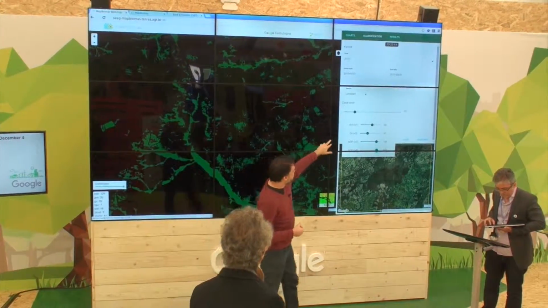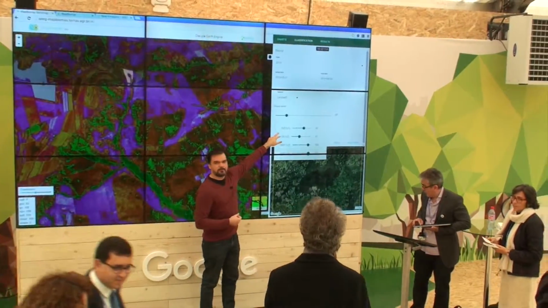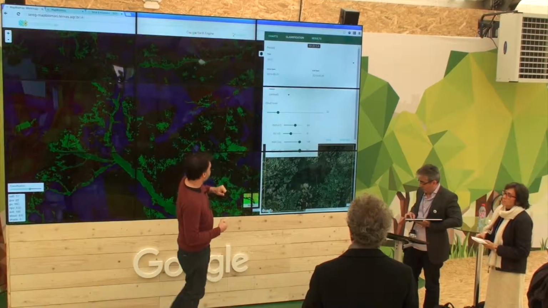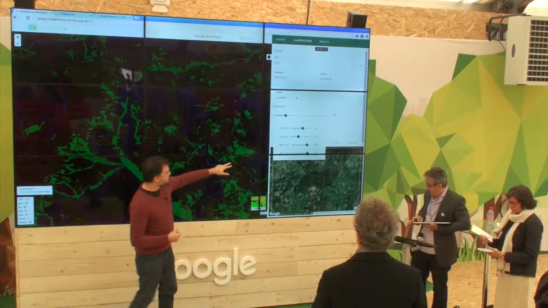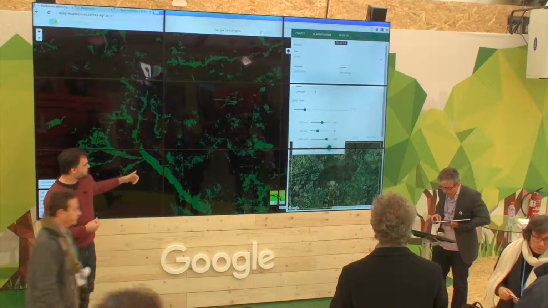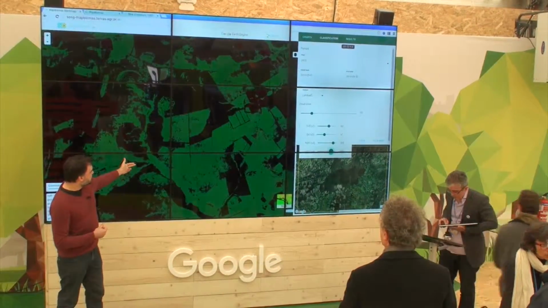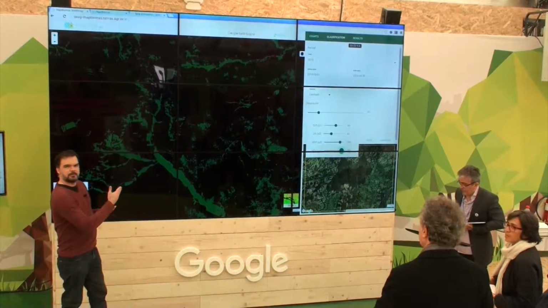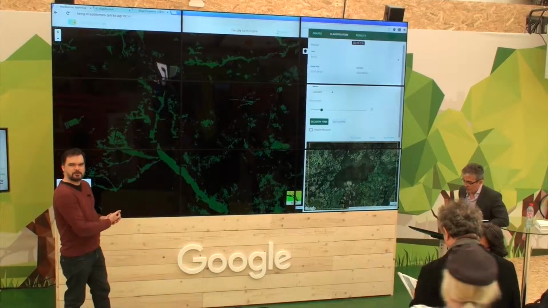And here we have some codes: shade, green vegetation, just vegetation, and the NDFI index. When we change these parameters, the system shows what's considered forest or not. So we can adapt the forest classification for each region of the biome.